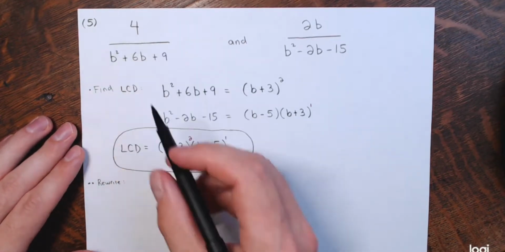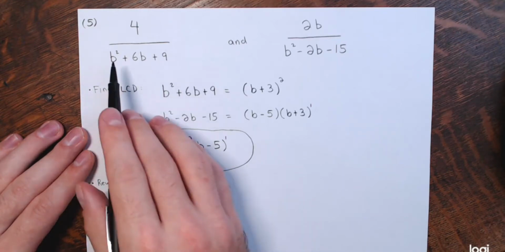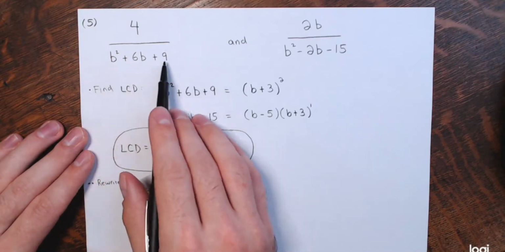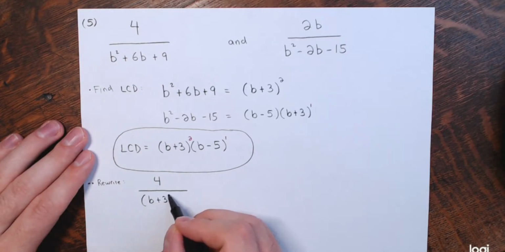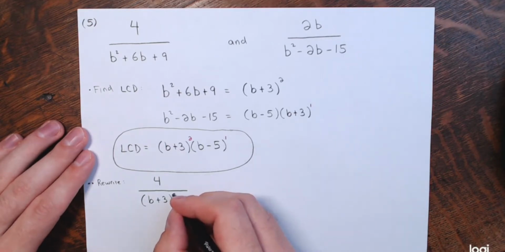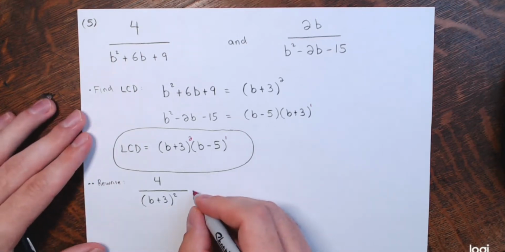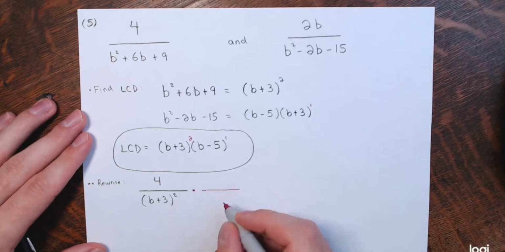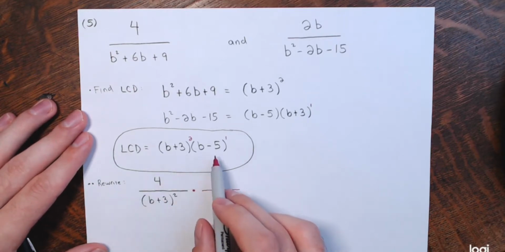Okay, so now that I have the LCD, let's rewrite our fractions. So the first fraction, we have 4 divided by the denominator, b squared plus 6b plus 9, that's b plus 3 squared. Right, b plus 3 times b plus 3. Just like any other example, I'm going to multiply the denominator and numerator of this fraction by the same expression so that the denominator becomes the LCD.